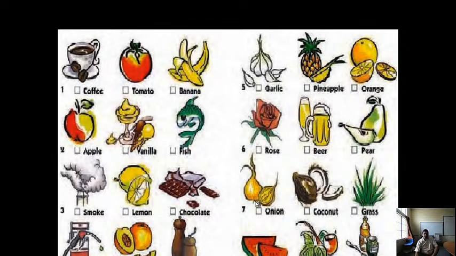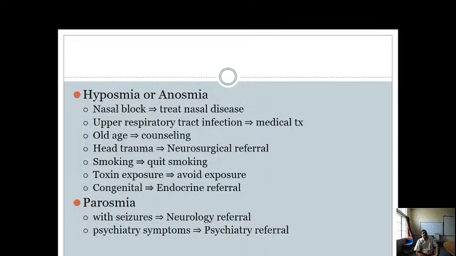So these are the various flavors that are described. As far as olfaction is concerned, when there is a nasal block, we treat the nasal disease.